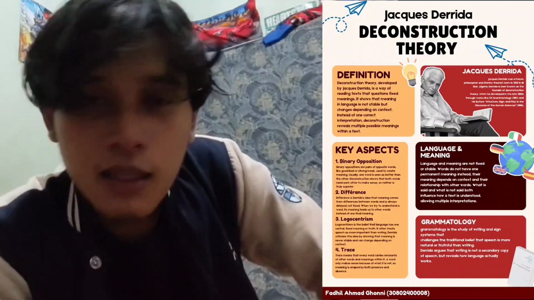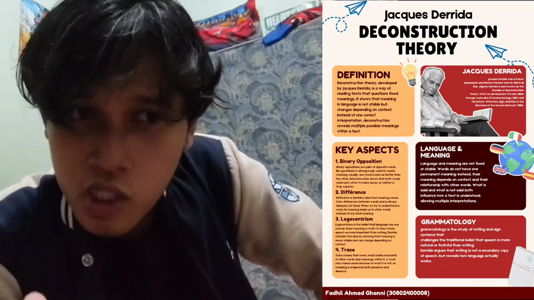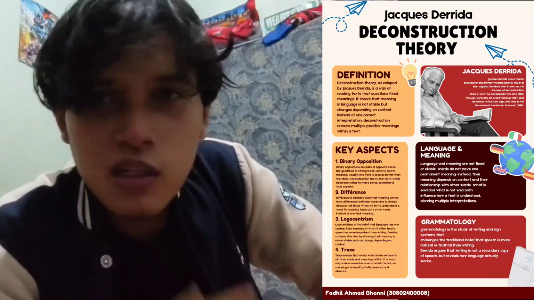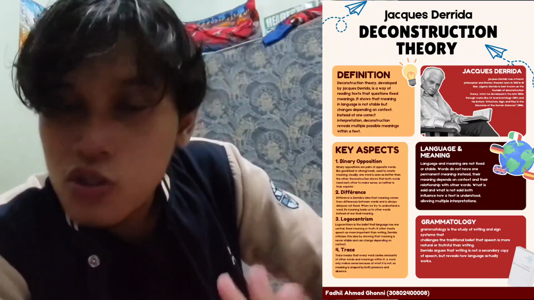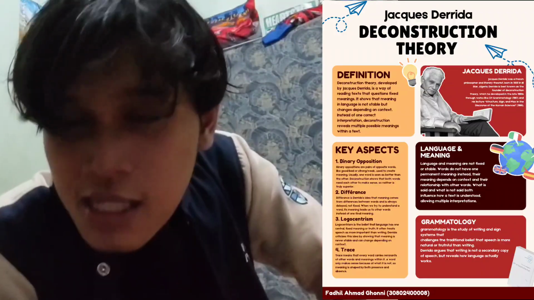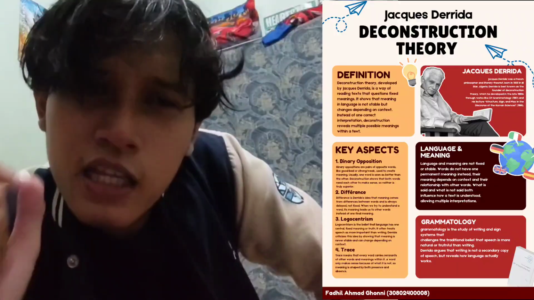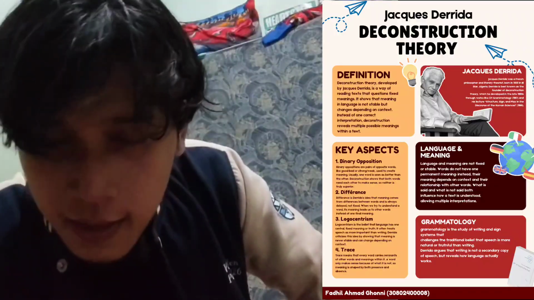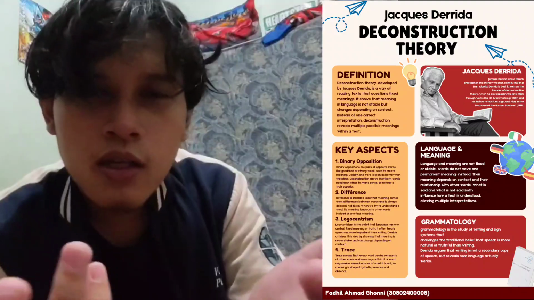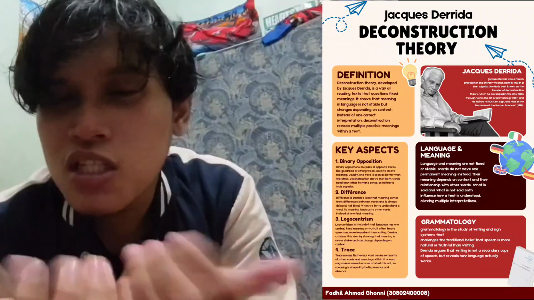So basically, a word can have a meaning based on the context it is used in, and the meaning can also be created by the relationship of one word to another word, which makes another meaning.